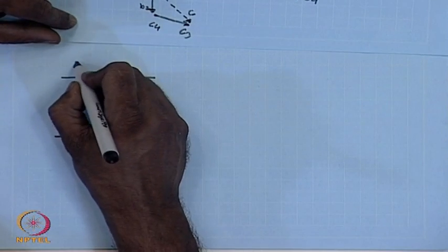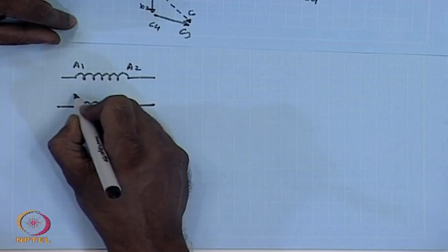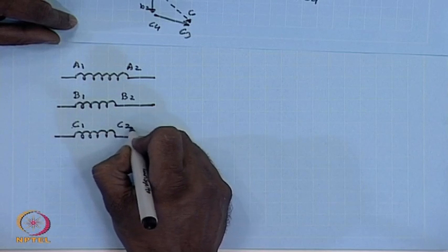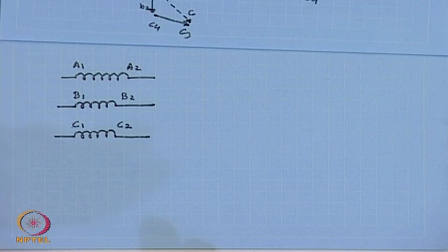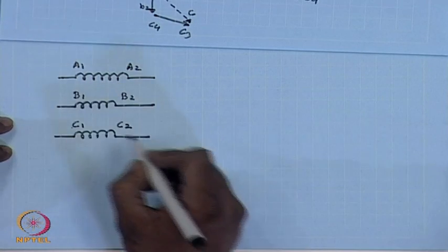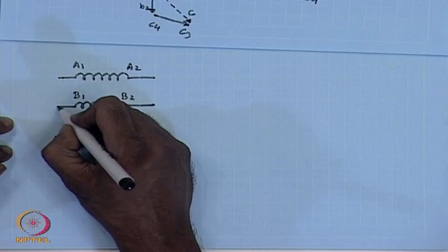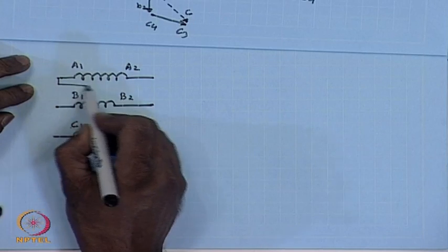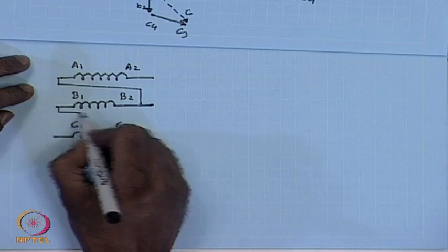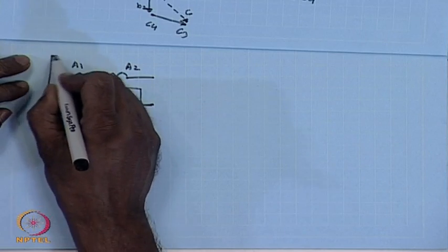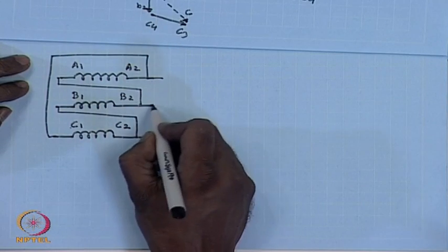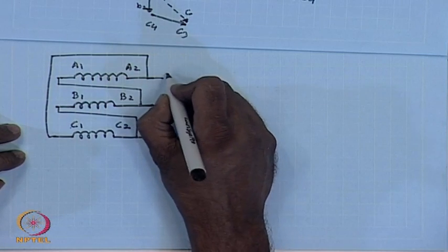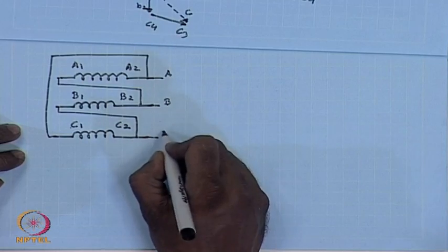This is A1, A2, B1, B2, C1, C2. The connection is A1 connected to B2, B1 connected to C2 and C1 connected to A2, and the supply is given to A2, B2, C2.